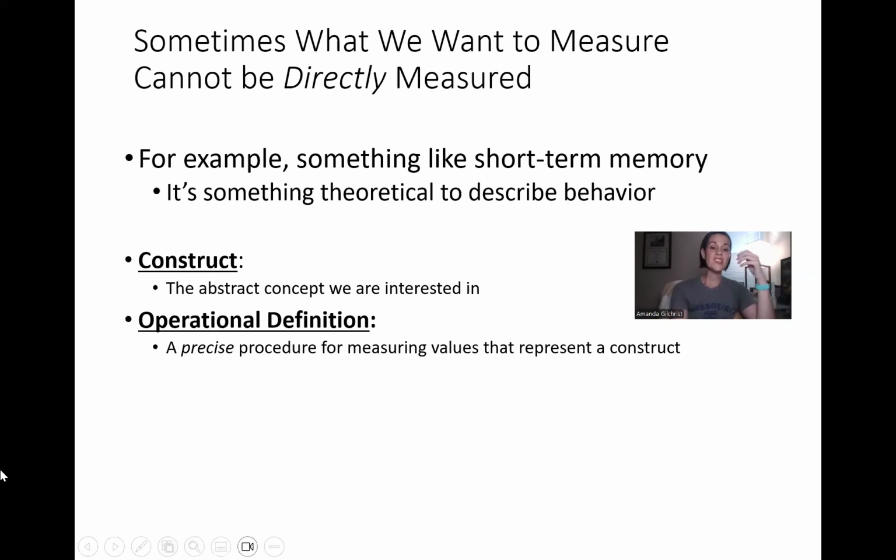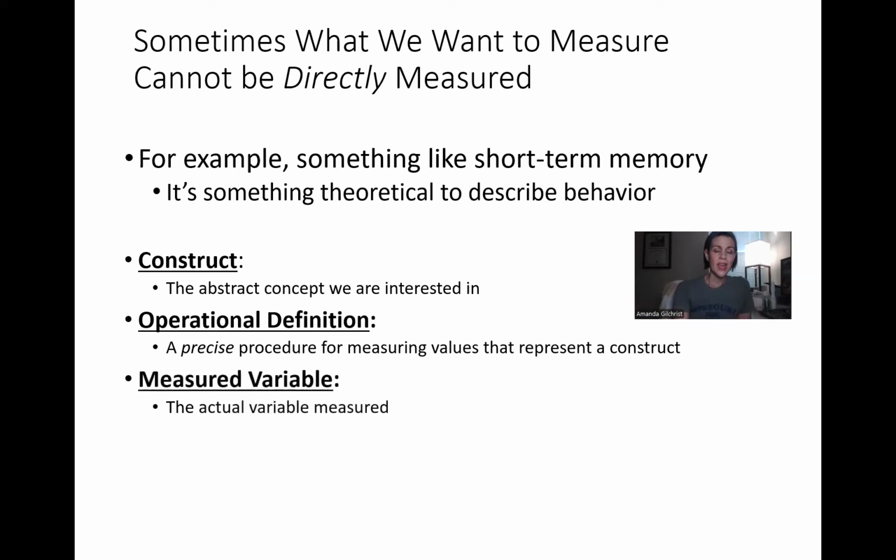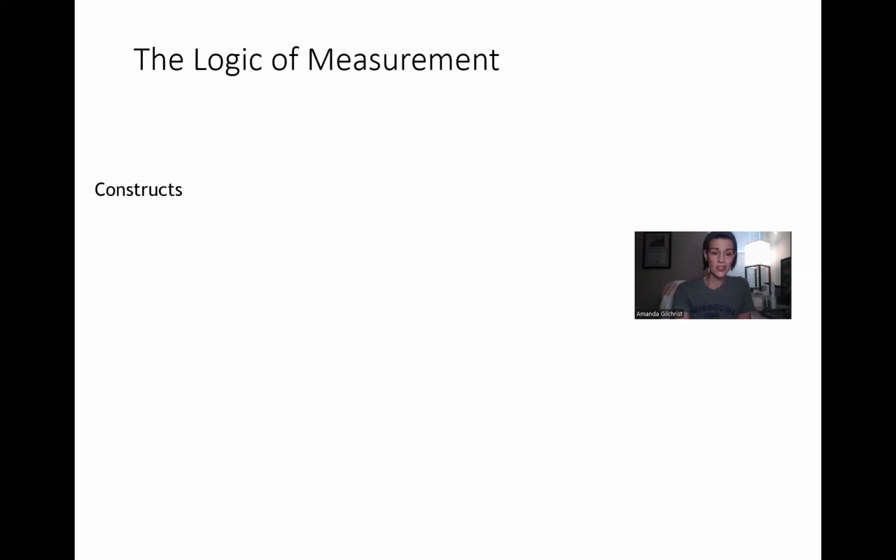So we have these different ways that we can measure values that really hit on that abstract construct that's hard for us to actually physically measure. And then we have the measured variable. This is going to be the actual variable that you're measuring.